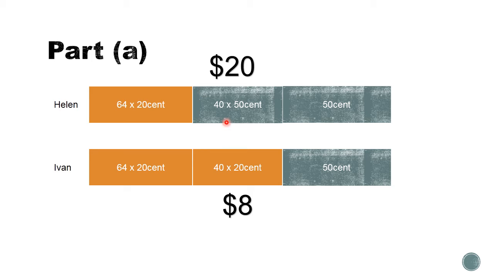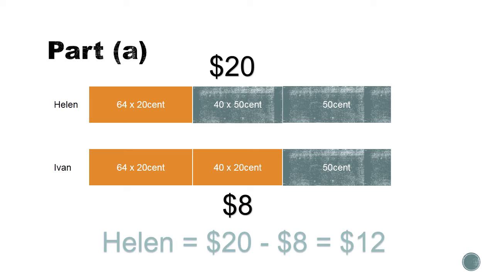So if I say 40 50-cent coins, I will have $20, just multiplication. And if I have 40 20-cent coins, then I will have $8. This part is the same, so this one will cancel out. In this middle portion, Helen has $20, and in this middle portion, Ivan has $8.